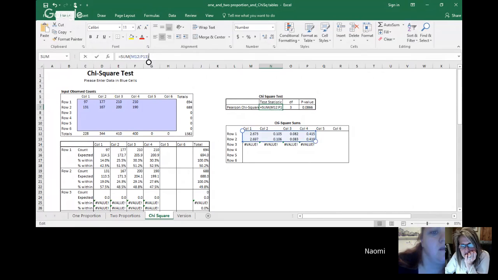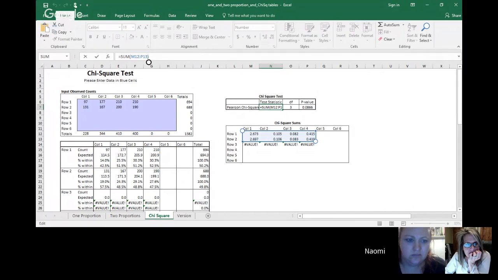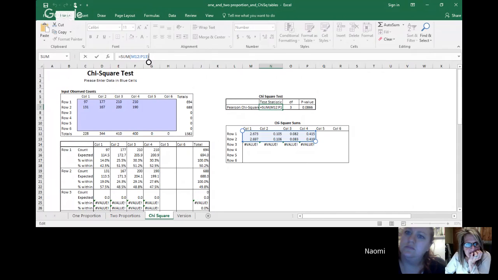If you look up at the top of the bar where it says equals sum, in the middle above chi-square test, it's a big white bar. And it said equals sum, and it said M12 colon R17 or something. Right. So I had to change it to only include those 2 rows and only 4 columns.